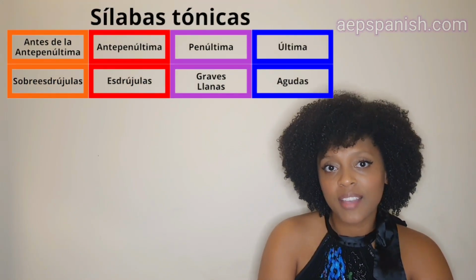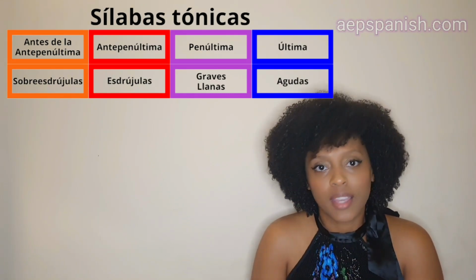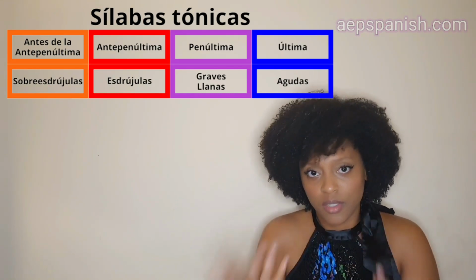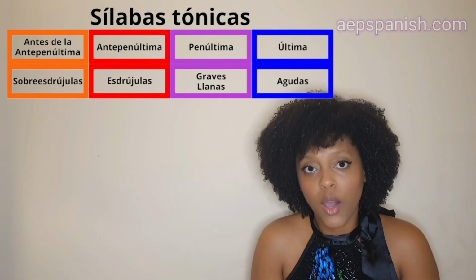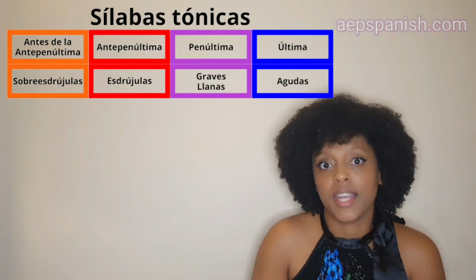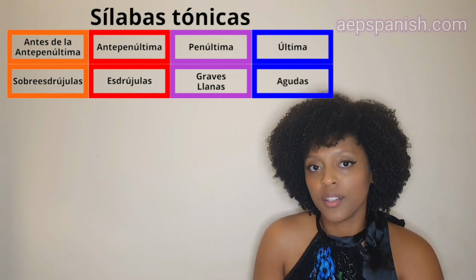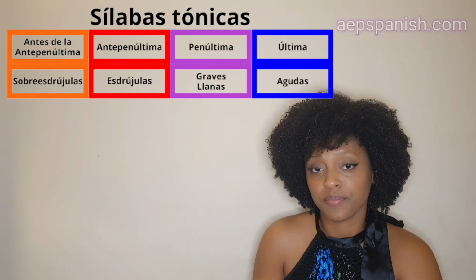If they are stressed in the last syllable, they are agudas. It doesn't matter if they have an accent or not. They are agudas. If they are stressed in the next to last, la penúltima sílaba, they are graves.